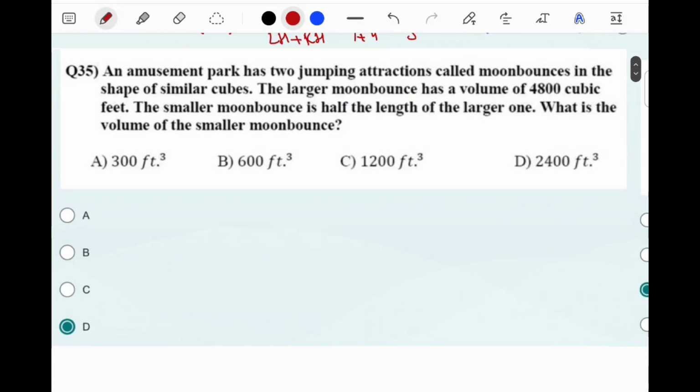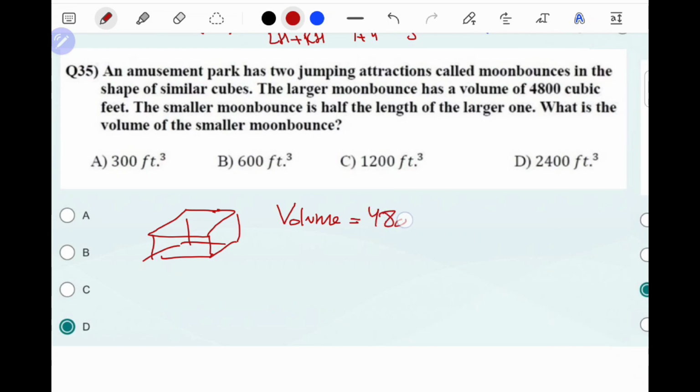The next question: you have an amusement park that has 2 jumping attractions called moon bounces in the shape of similar cubes. The larger moon bounce is a cube, and the volume of that cube is equal to 4,800 cubic feet.